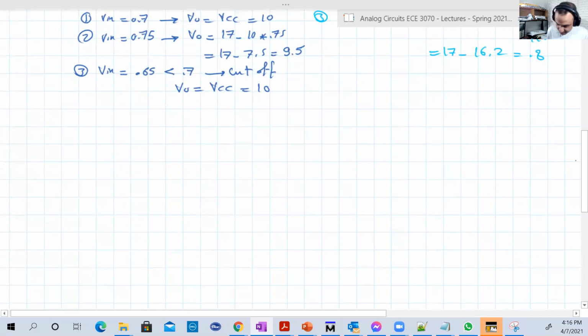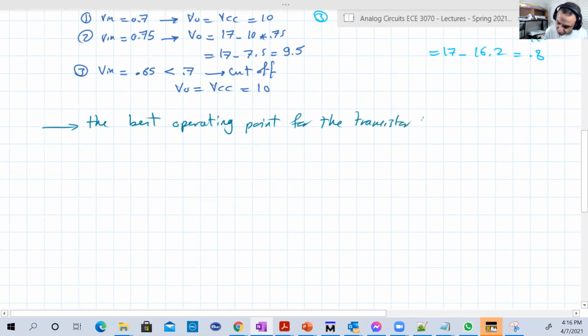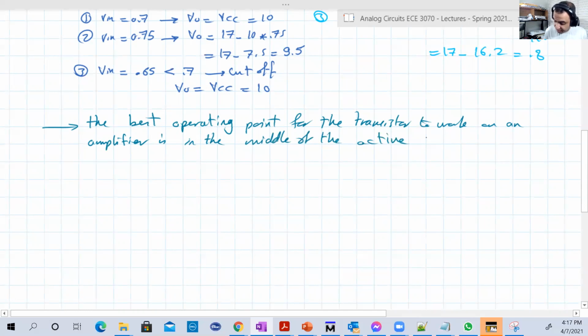So the best operating point for the transistor to work as an amplifier is in the middle of the active region.